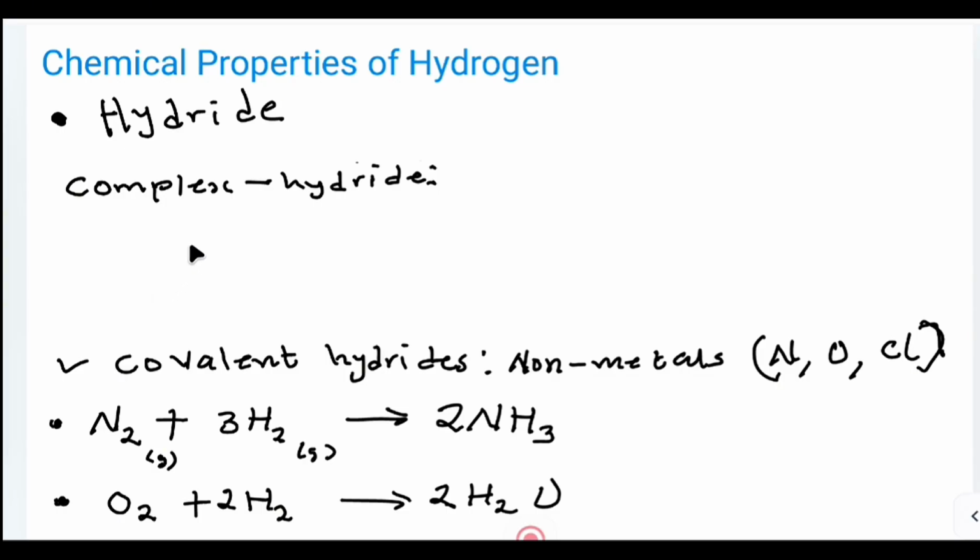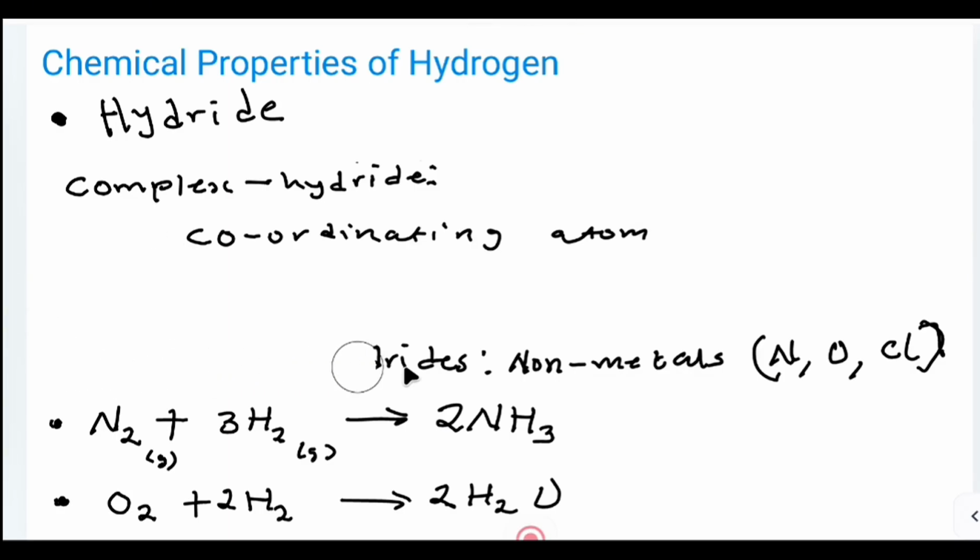A complex hydride usually has a coordinating atom which holds hydrogen and another element.